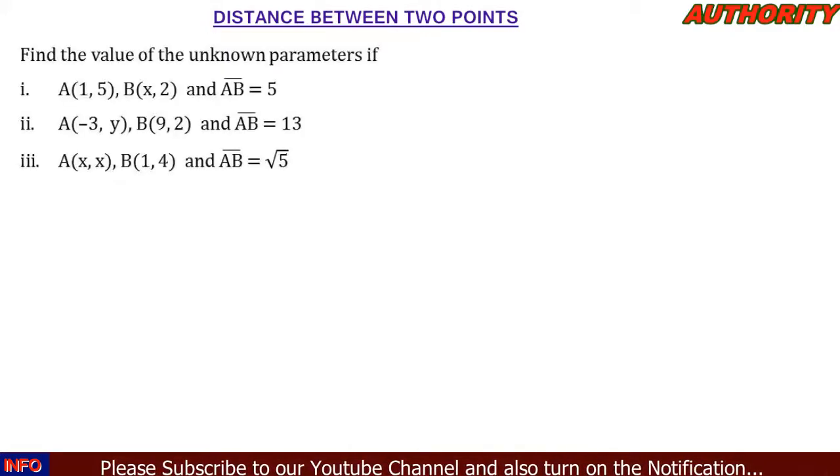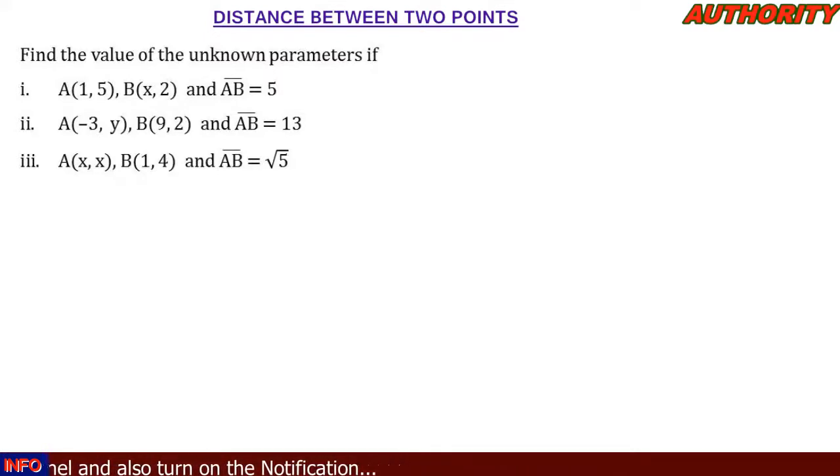Find the value of the unknown parameters if number 1, the point A is (1, 5), point B is (x, 2), and the distance between the line A to B is 5. You get it?